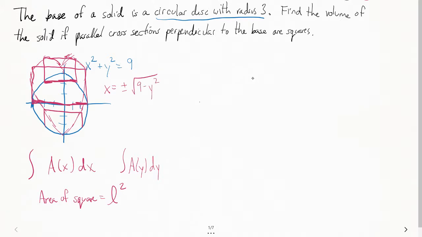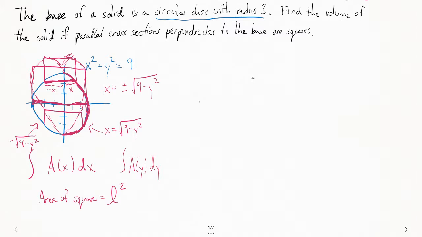And what that means is that this one side right here that I just shaded in red is the positive direction, x equals the square root of 9 minus y squared. And this other side would be negative the square root of 9 minus y squared. So if we look at the distance from here to here, one way you can think of it is this is x and this is negative x, essentially in the same direction.